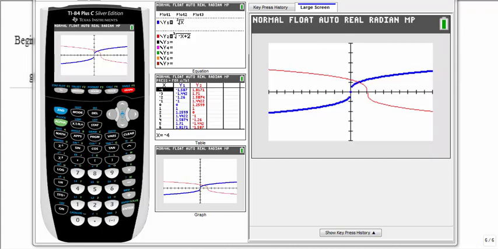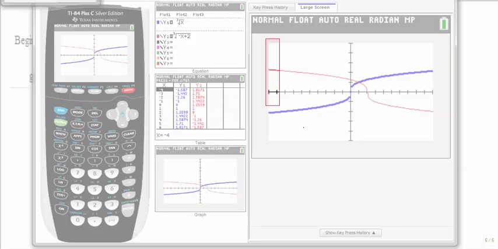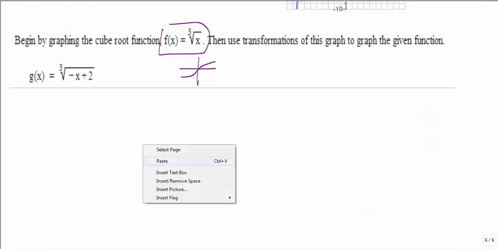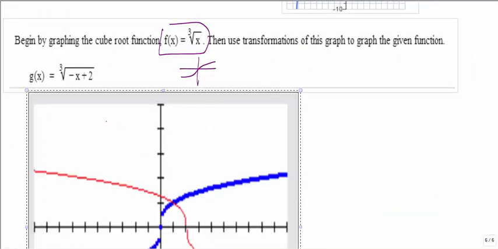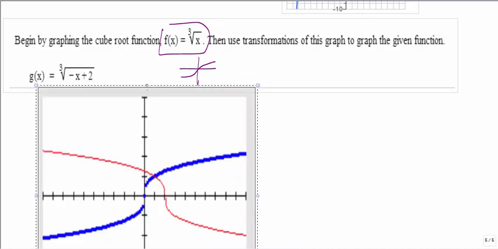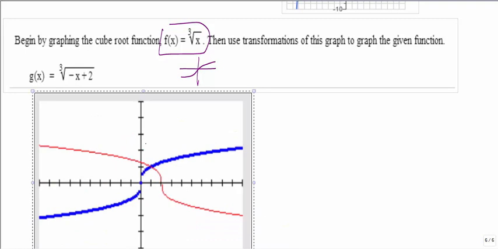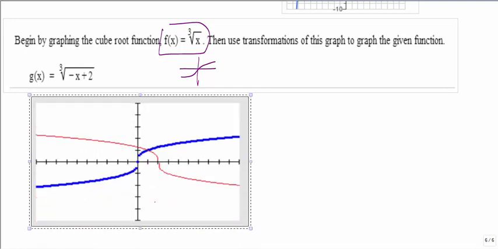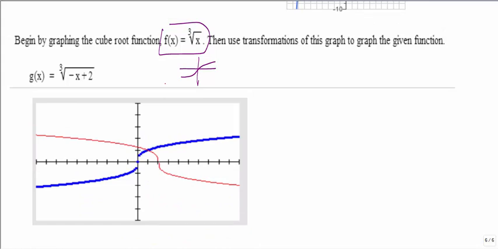Okay, so this is my parent graph in blue, and then my red graph is the transform graph. So this is my parent graph.